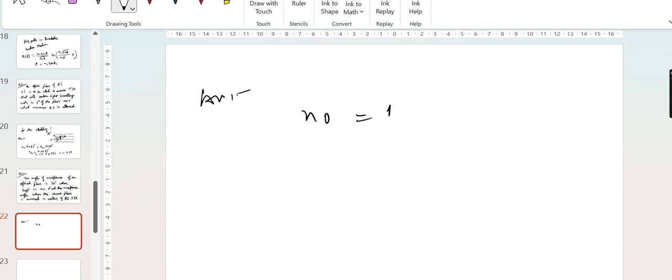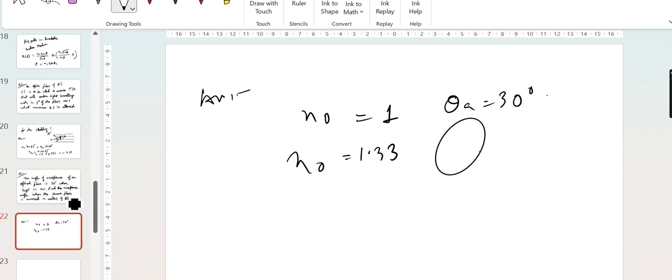So when n naught was 1, acceptance angle theta A was 30 degree. So when n naught is 1.33, what would be the acceptance angle?